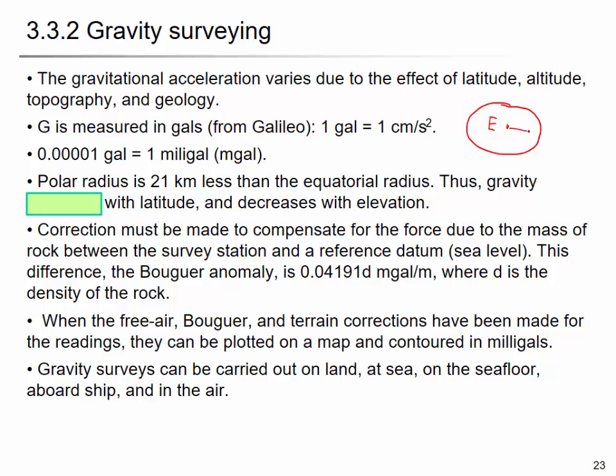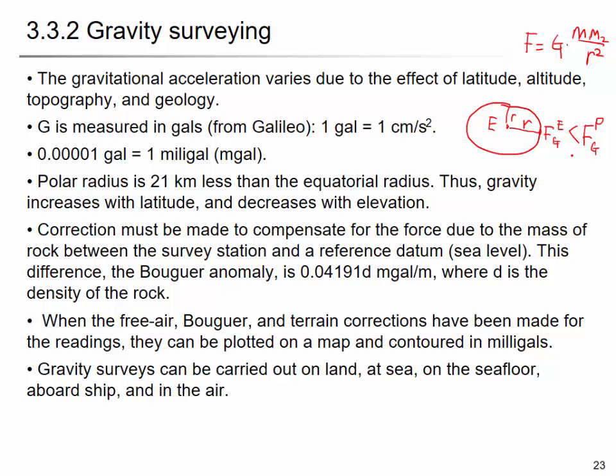So F is G M1 M2 over R squared. Here the gravitational force at the equator is less than at the polar area, because the radius is larger in the equator area. So gravity increases with latitude.